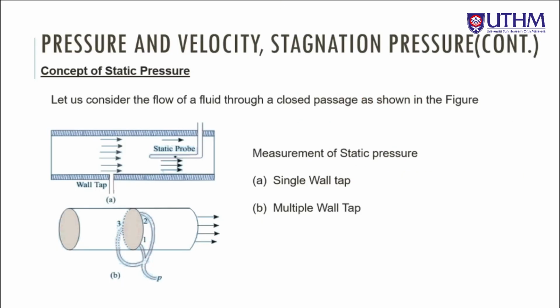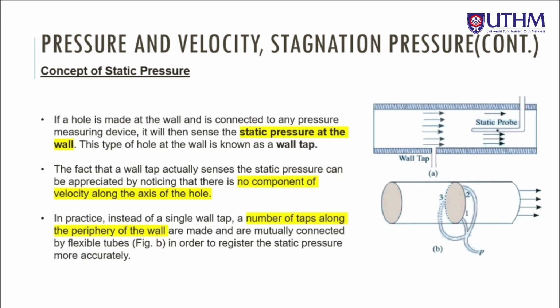so the concept of static pressure, in order for us to investigate or estimate the static pressure is by using this measurement. Firstly, we can use a single wall tap, this one, or we can use this multiple wall tap.